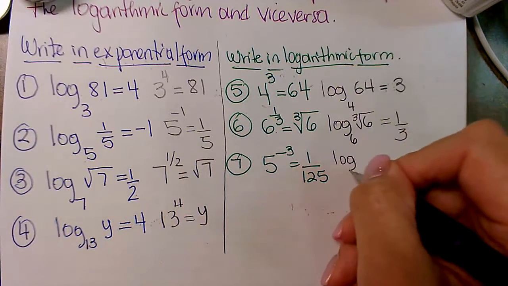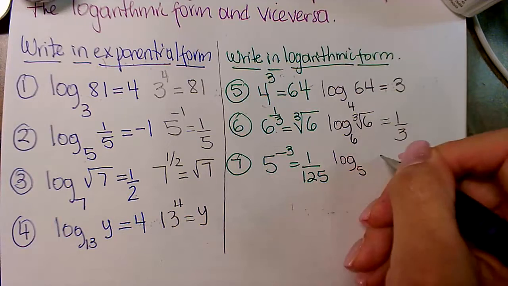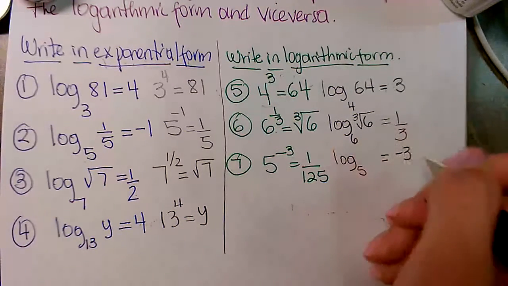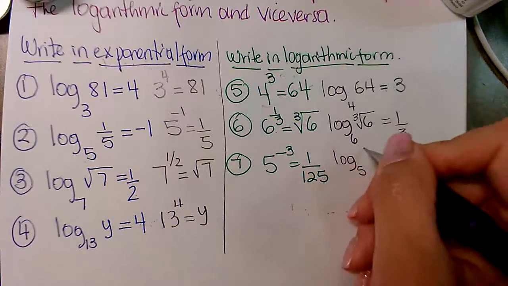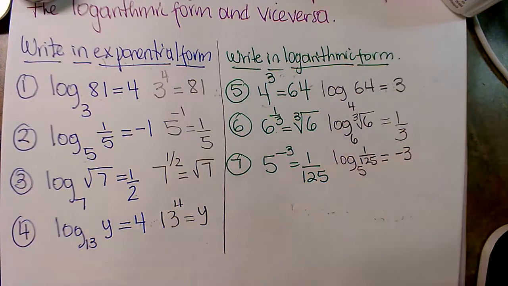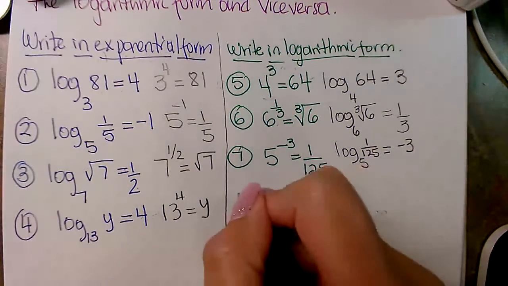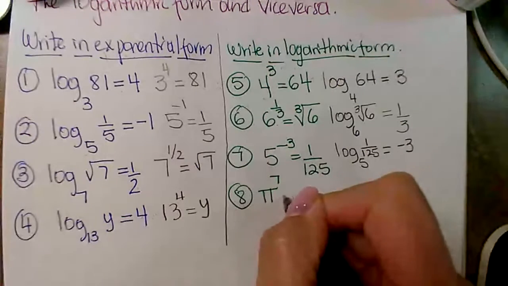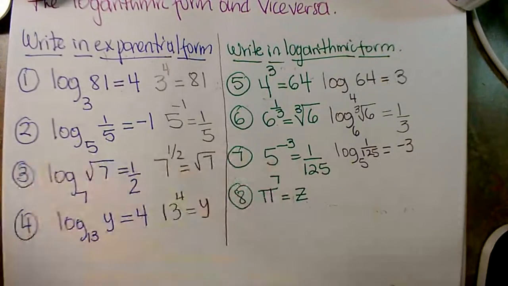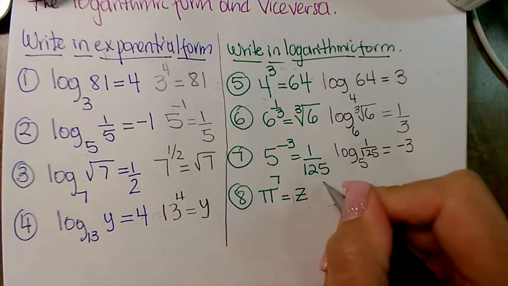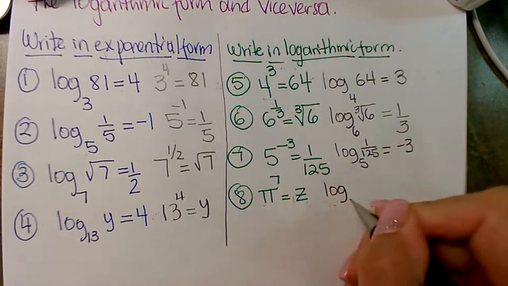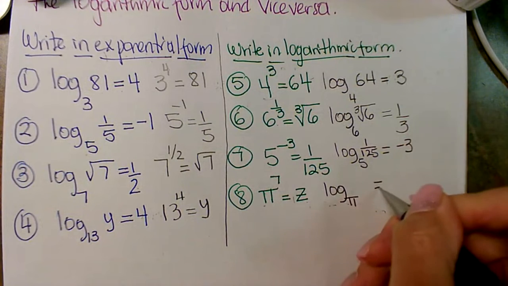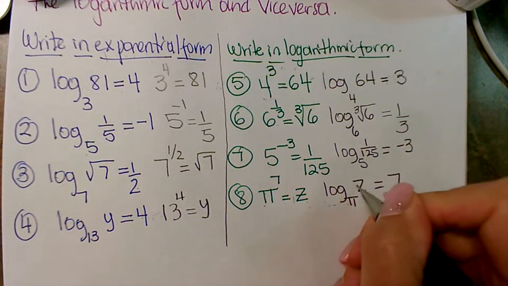Log base 5. Again, the exponent is my answer in the logarithmic form of 1 over 125. Okay, and the last one here, 5 to the 7th power is equal to z. This is very weird. So log what? Base 5, 7 is my answer of z.